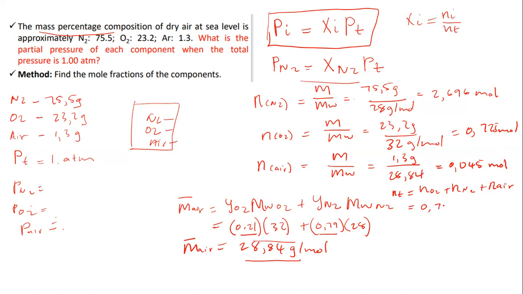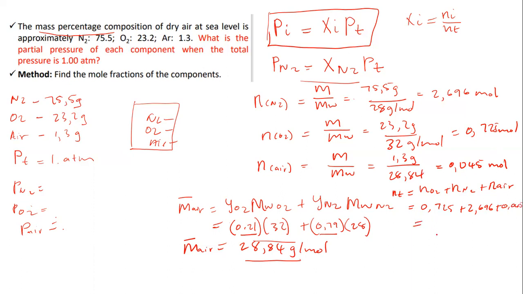Plus nitrogen, the number of moles of nitrogen is 2.696, plus the number of moles of air, it's 0.045 moles.